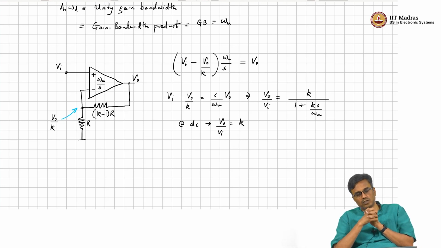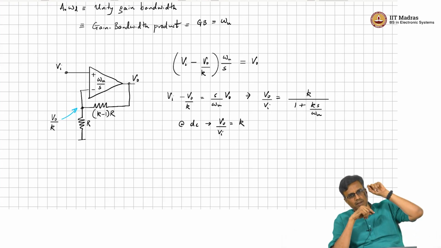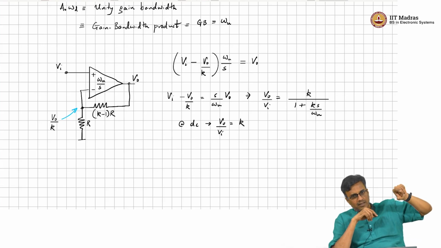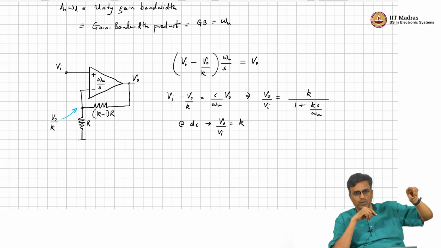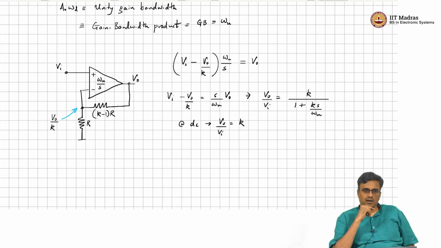In the earlier case we said that if the output is finite and the gain of the amplifier is infinite, then the input difference between the two terminals of the op amp must be 0, so that you have a finite output.